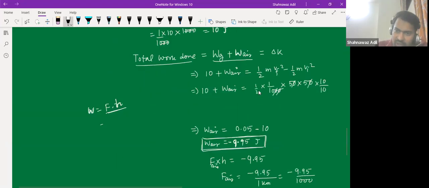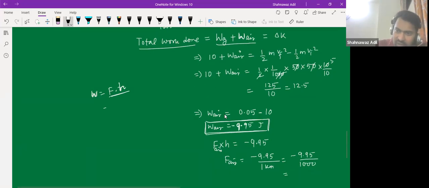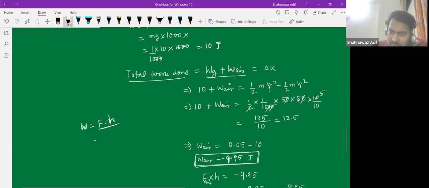So this would be how much? This is 5, so 5 into 5 into 5, so that is 125, divided by 10. So this is how much? This is 12.5. So then 12.5 minus 10, this would be how much?